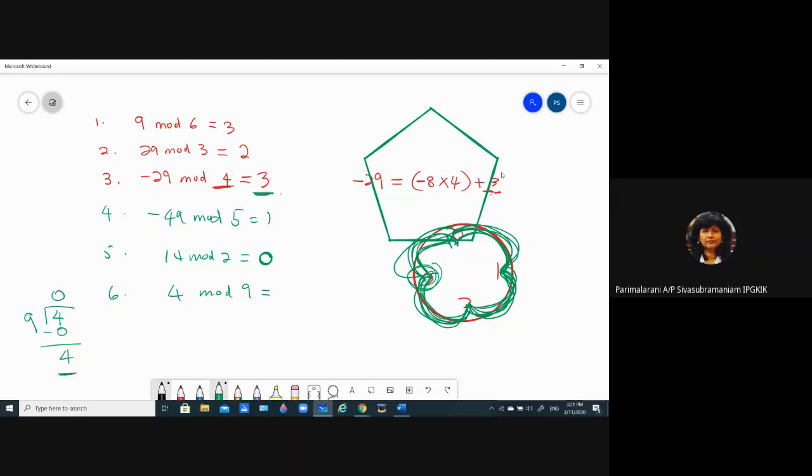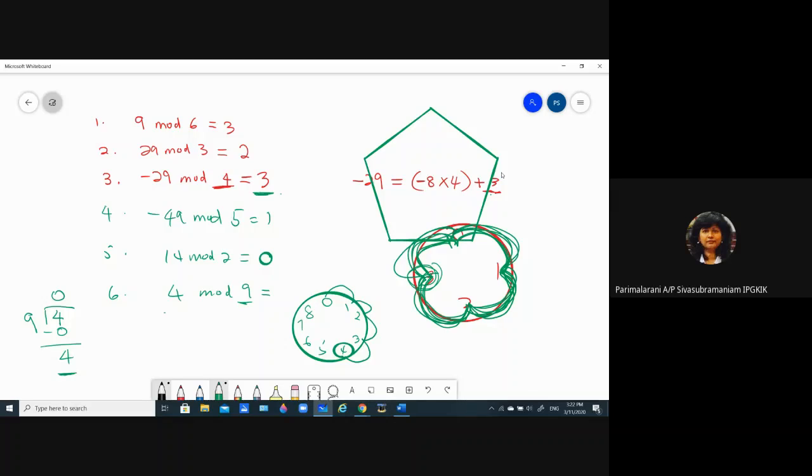Okay? Or if we draw the clock face, mod 9, right? So this is 0, 1, 2, 3, 4, 5, 6, 7, 8, correct? So we want 4. So 1, 2, 3, 4. Okay? 4 divided by 9 is 0, remainder 4. 5 divided by 9 is 5. 6 divided by 9 is 6. 7 divided by 9, 7. 8 divided by 9 is 8. 9 divided by 9, 0.